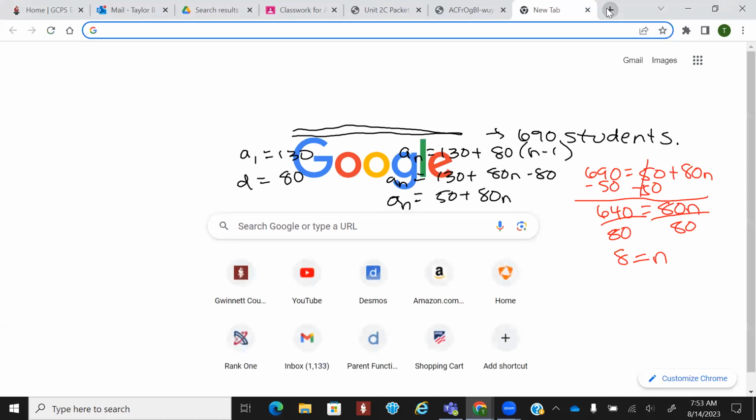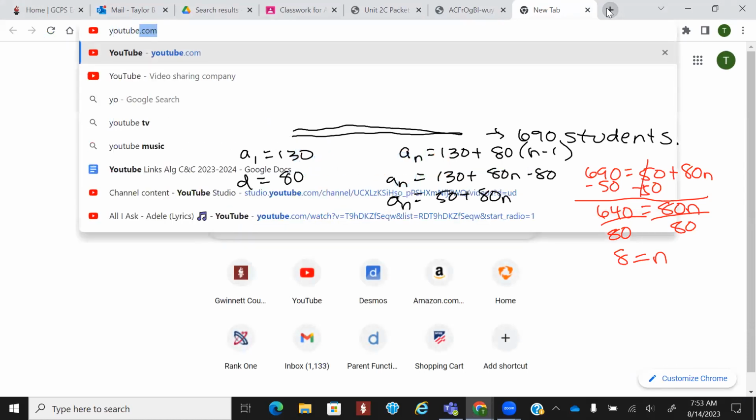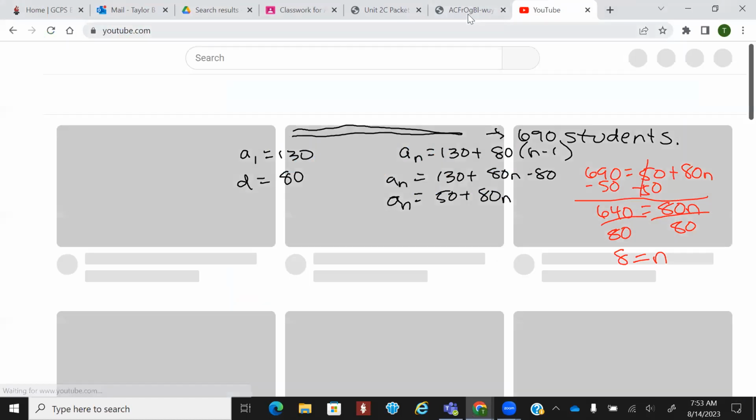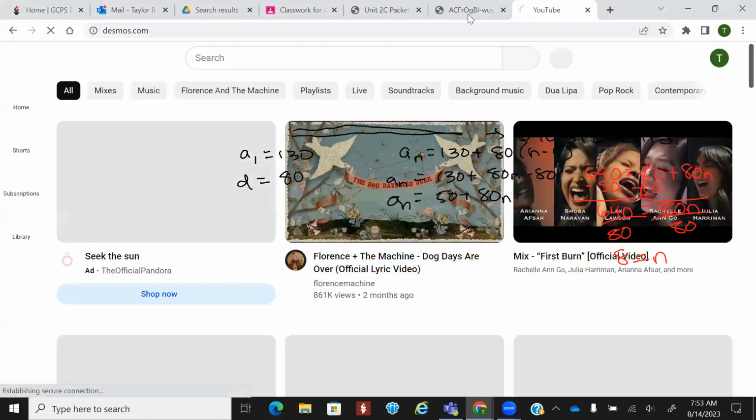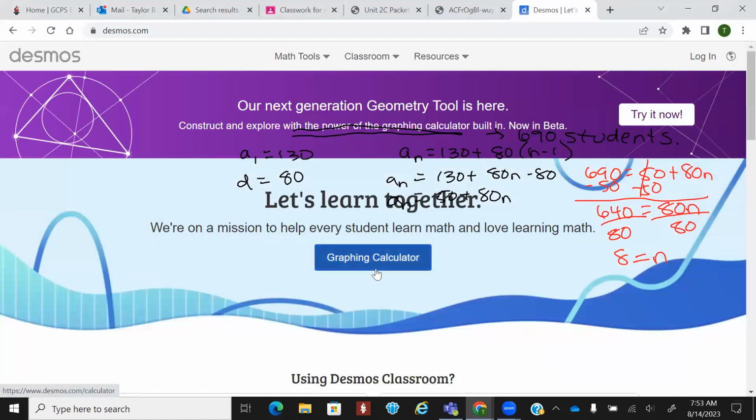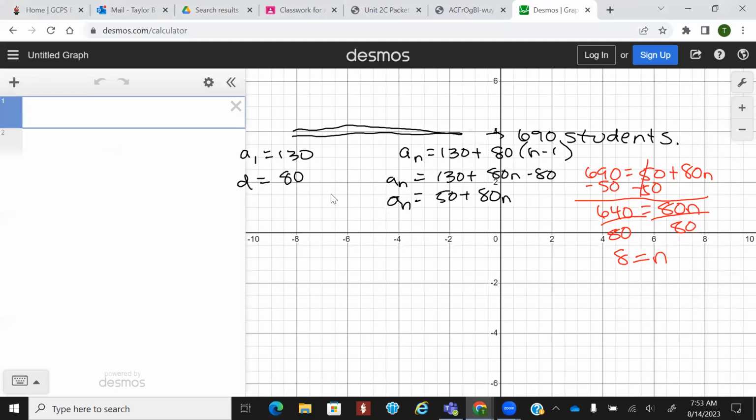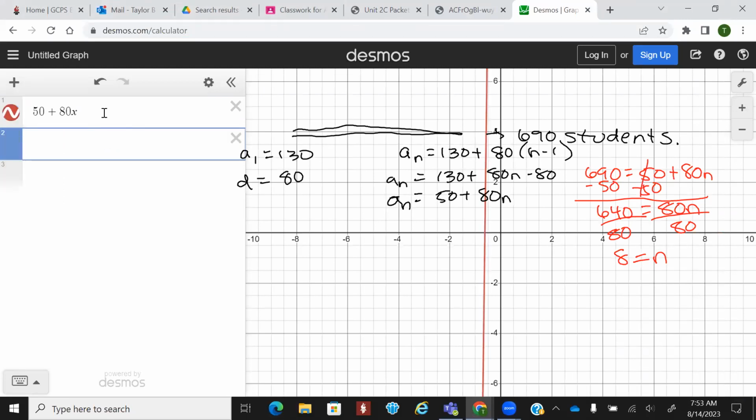So let's say I'm not very good at solving. Let's say I'm not really good at solving. What I can do is I can take that equation that I wrote and then set it equal to the number that I want. So y equals 690.